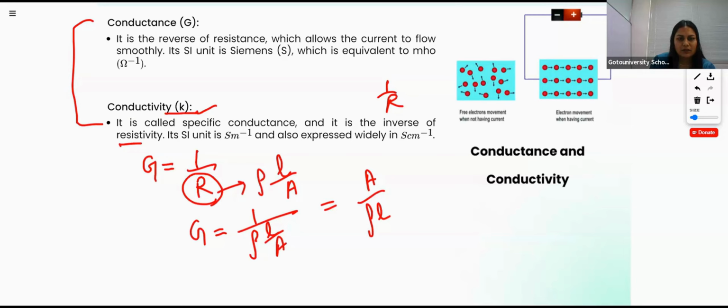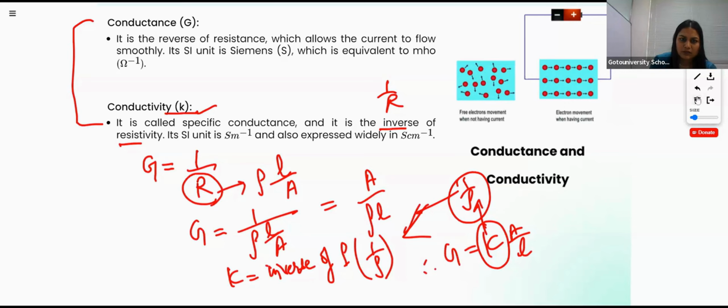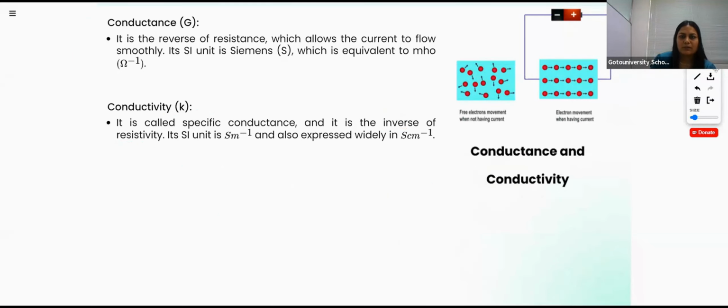And conductivity is the inverse of resistivity. What is resistivity? It is rho, so the inverse is 1 by rho. So that is why G can be written as kappa A over L, where 1 over rho is kappa. Understood? It is also known as conductivity constant.